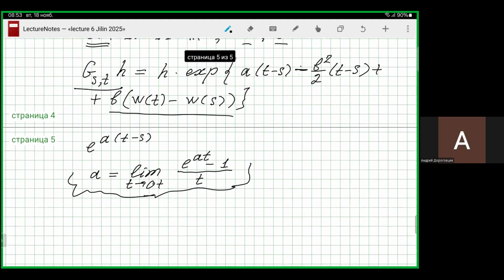For example, suppose that I want to have not a, but at. How can I proceed?